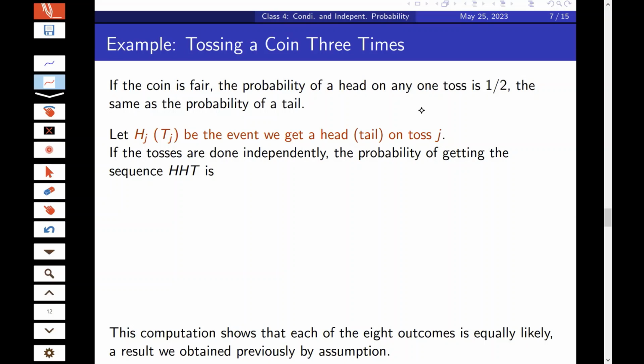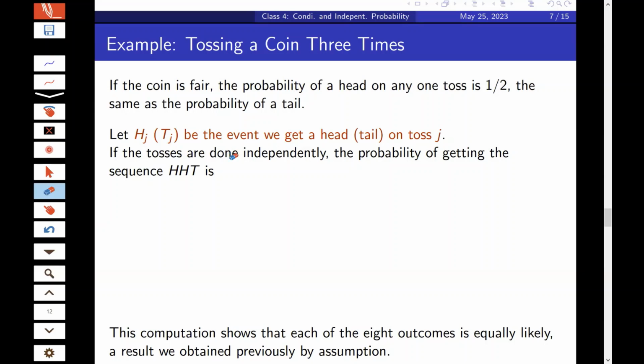Let Hj and Tj denote the events: Hj means getting a head on the jth toss, and Tj means getting a tail on the jth toss.